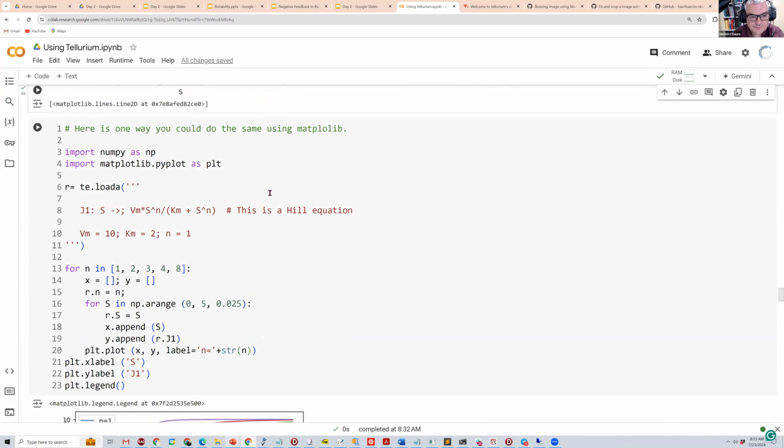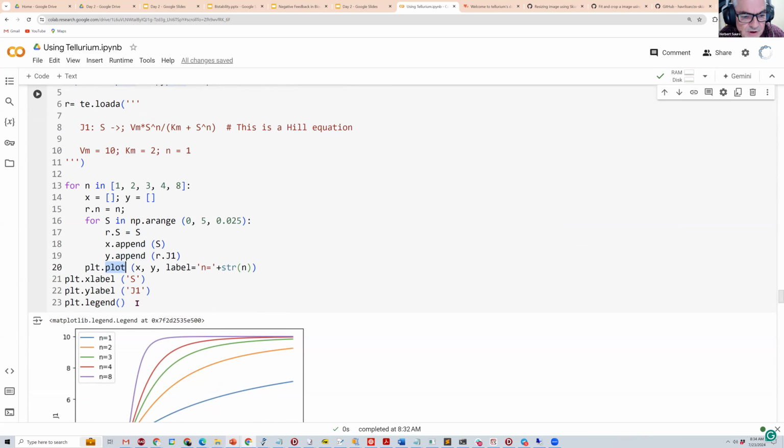Now, one thing about plot is plot won't plot until either the cell is complete or I say show. So if I were to put show here, right, if I did plot show, it would ruin everything because now it would plot each one individually.